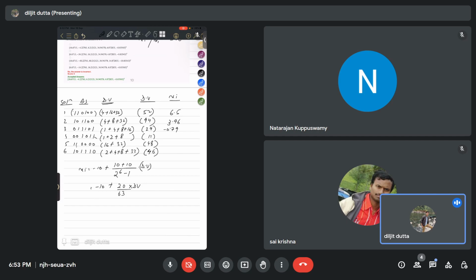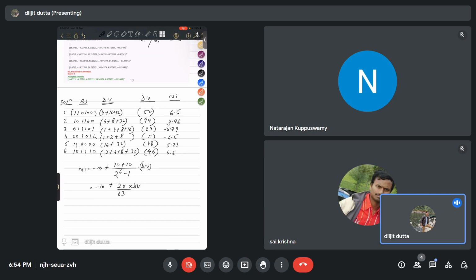Then the next one is minus 6.5, then 5.23, and for the last one 4.6. So we got the xi values.